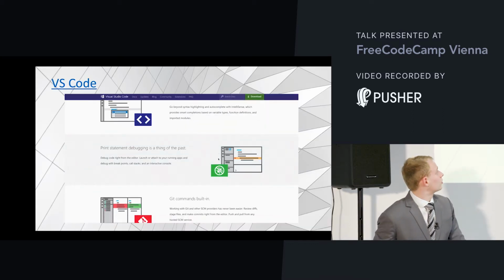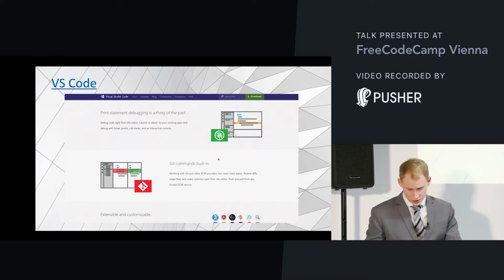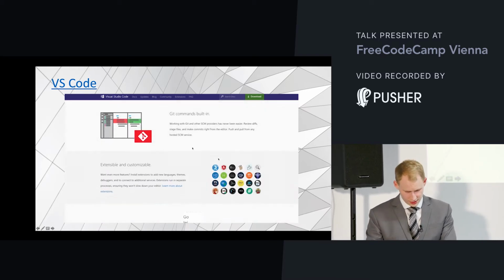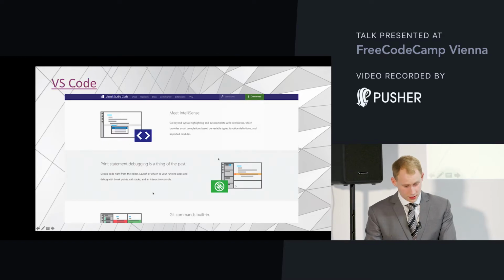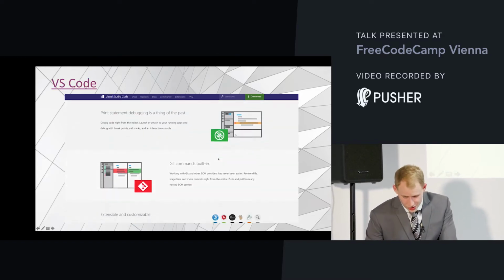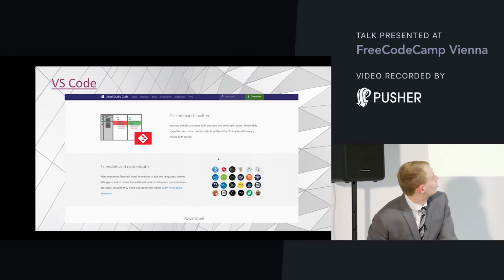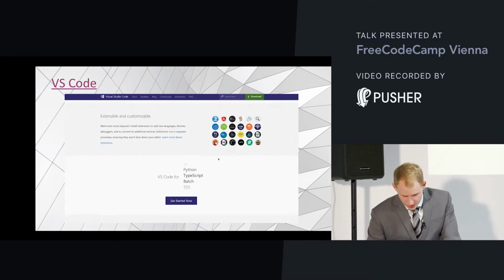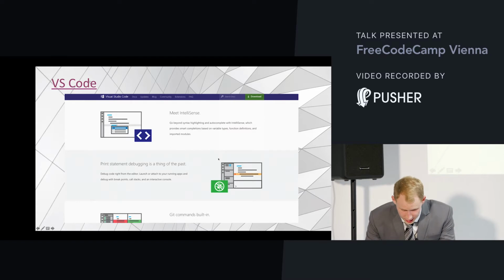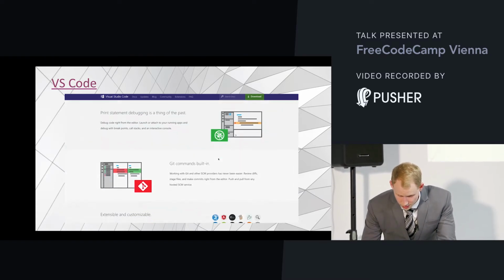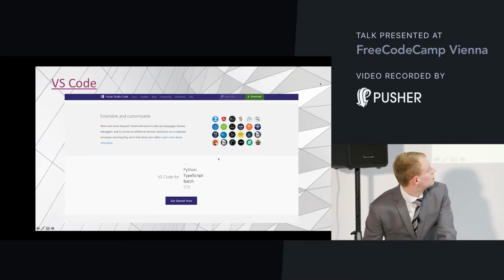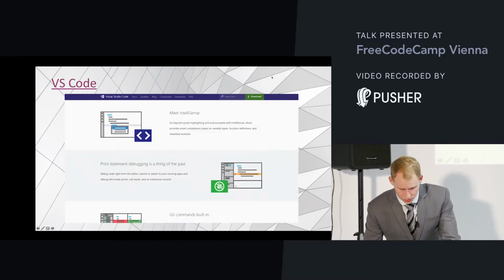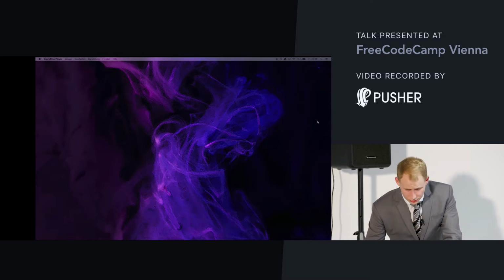So the first thing I want to talk about is Visual Studio Code, and the features are displayed here. If you click on the link here, you should go to the home page, which is not displayed, doesn't matter. We'll just open it here and show you.